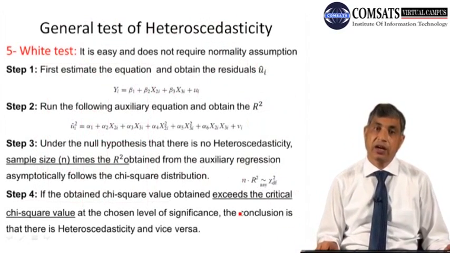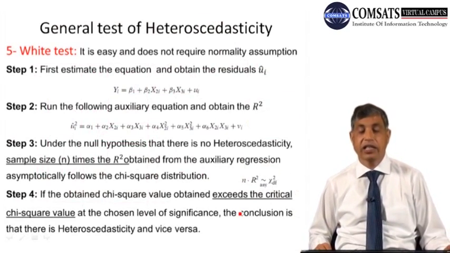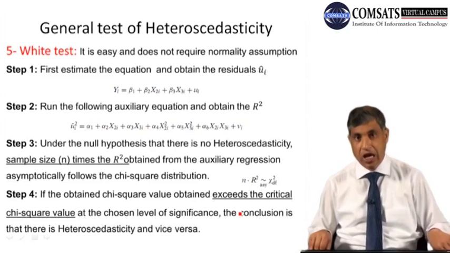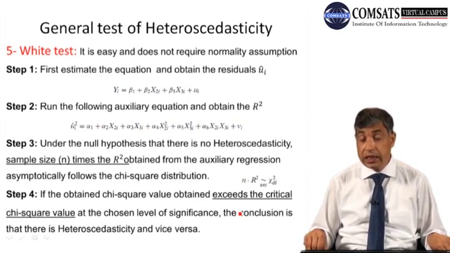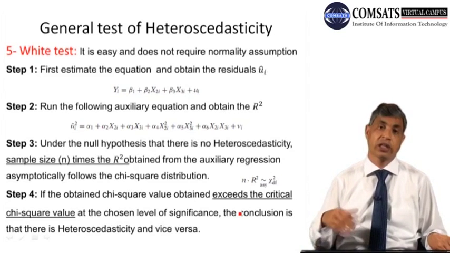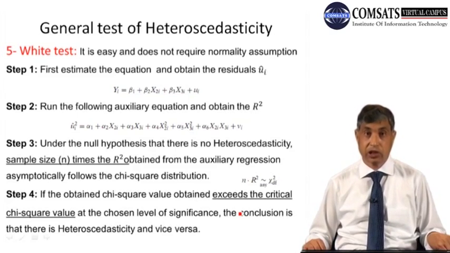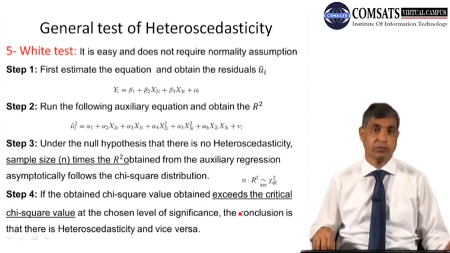So this was the fourth test, but there is still a very general test of heteroscedasticity. Every time I am saying that this is important, each test is not inferior to the others. Every test has its own significance, and every test performs well in some specific circumstances.